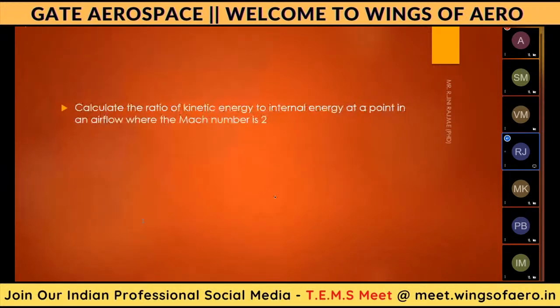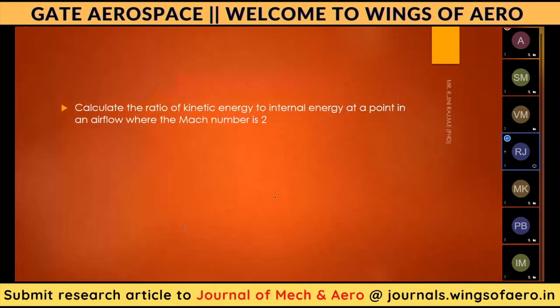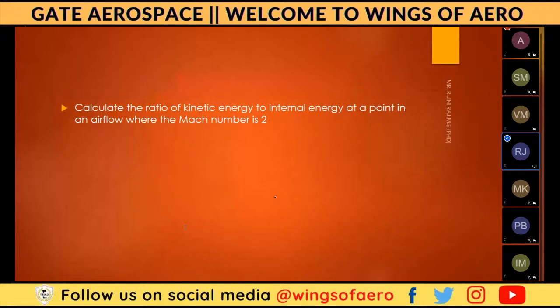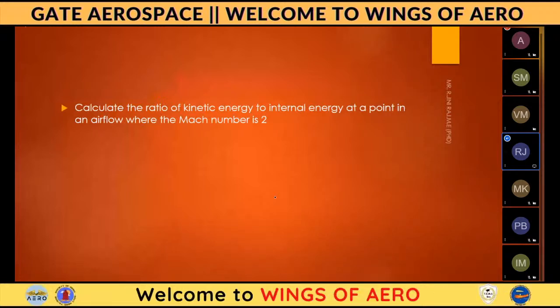Calculate the ratio of kinetic energy to internal energy at a point in an airflow where the Mach number is 2. So we need to calculate the ratio of kinetic energy to internal energy.